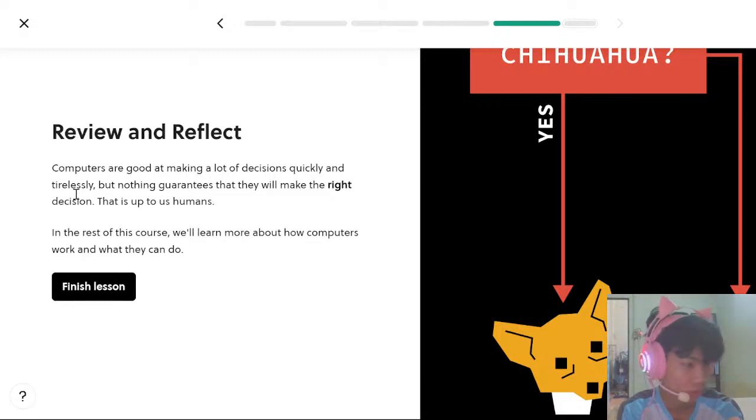It's true. But nowadays we are more and more modern, so I believe that if we provide good instructions, that's up to us humans. In the rest of this course, we'll learn more about how computers work and what they can do. Finish lesson.